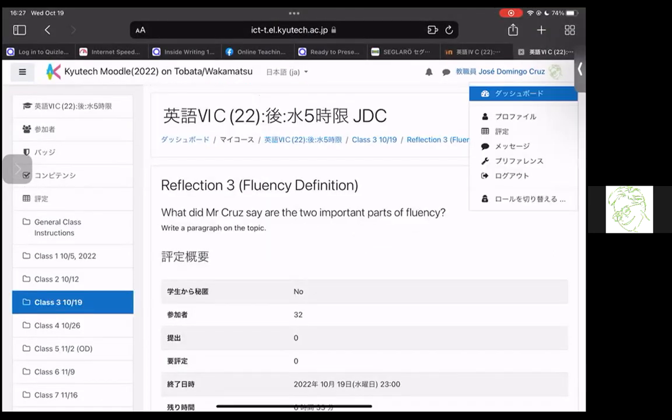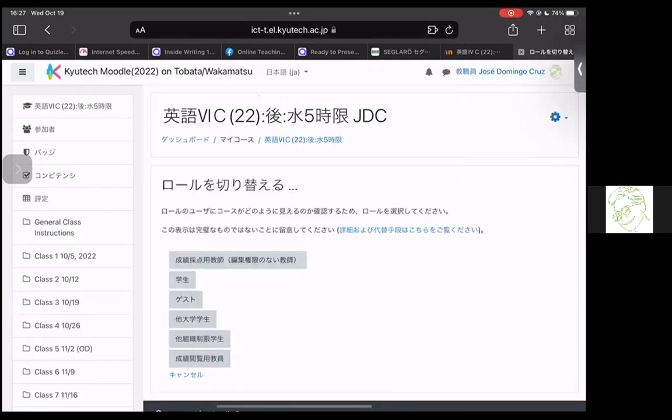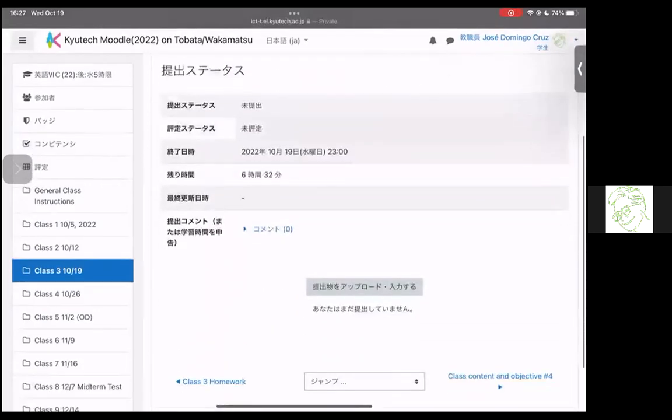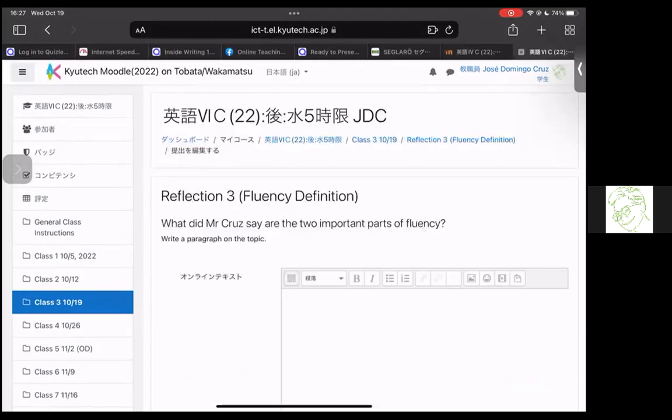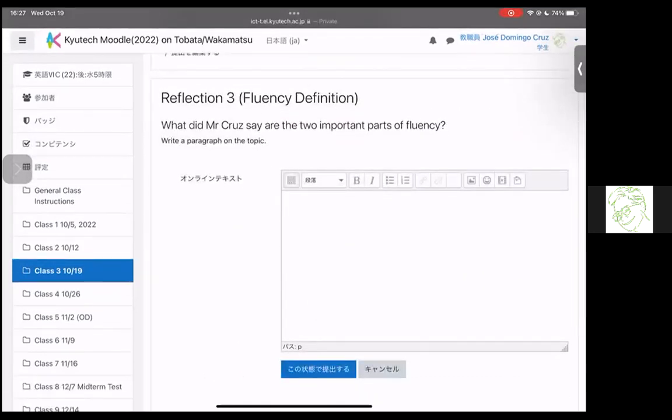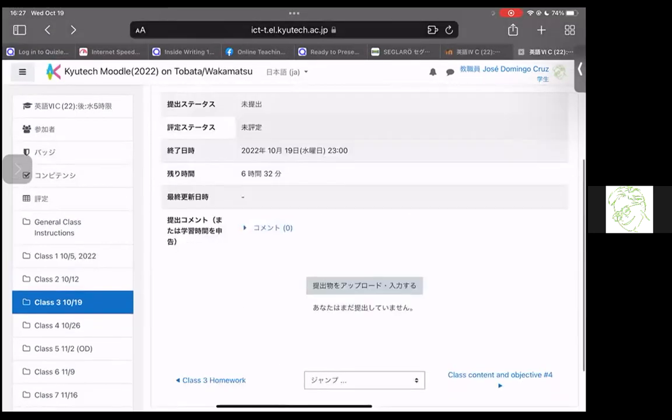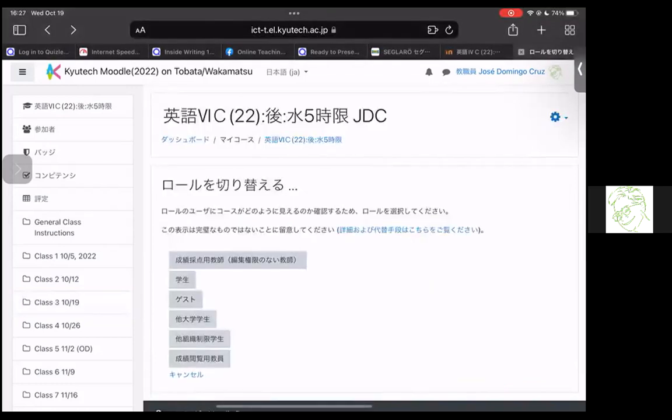So let me just be a student here for a second. If you remember what I say, go home and before 11 p.m. tonight, because the due date is 11 p.m., write your answer to that question in here and send it to Moodle. Okay, I believe that's the 3 assignments that you had.